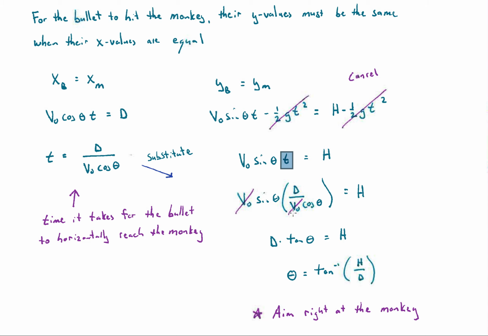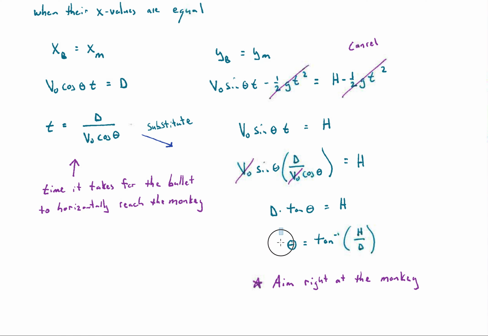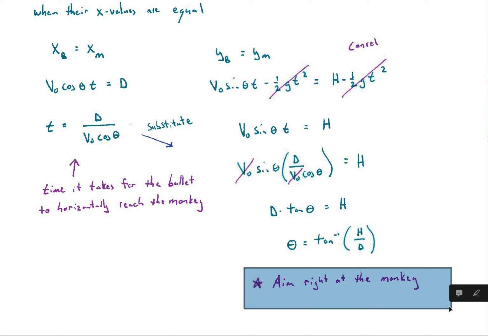Cross out the v0s. Sine theta over cosine theta is tangent theta. Divide by d, take inverse tangent, and then you get this for your answer. The angle you want to use is inverse tangent of H over d. And the real kicker in all of this is that that angle means you actually should aim right at the monkey.